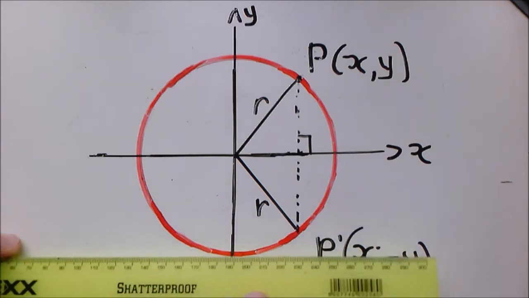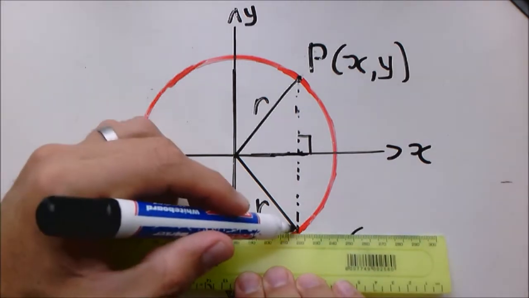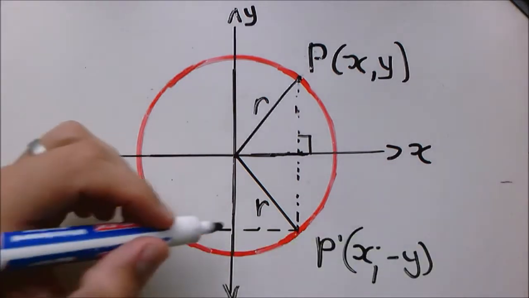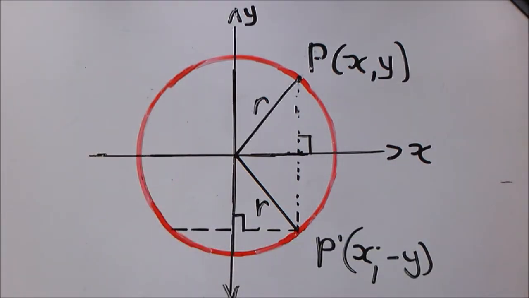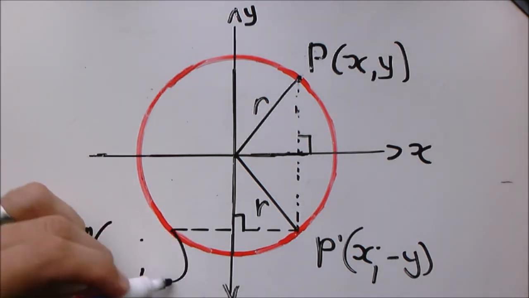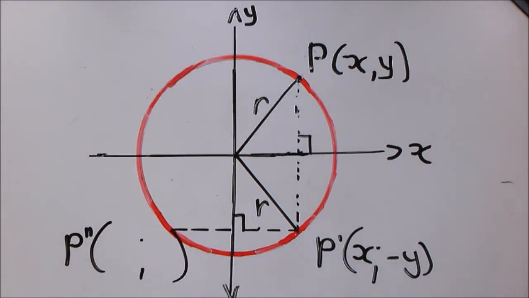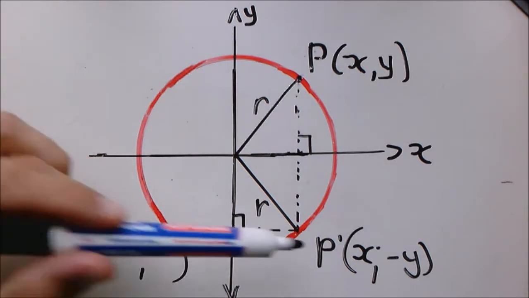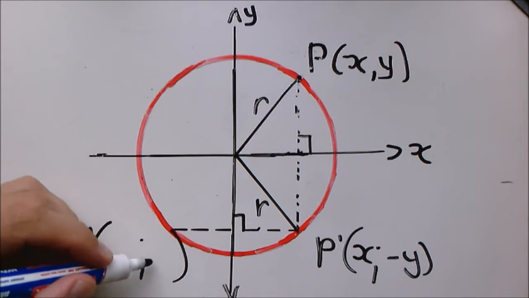Now, if we do the same, but just with a horizontal line, it will form a right angle with the y-axis. Okay, but how to get this one's coordinates? Okay, so it's a horizontal line, therefore the y coordinate will be the same.